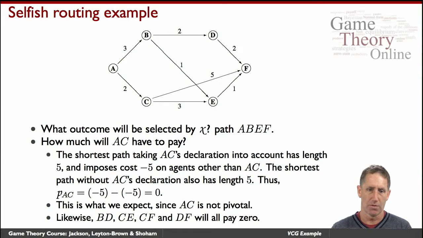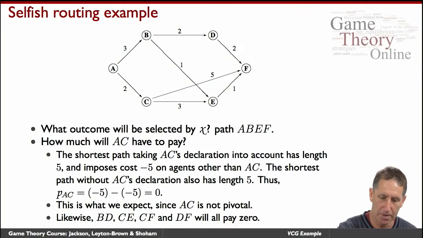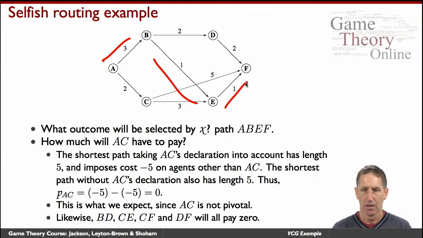So the shortest path, with AC's declaration of what their cost is, 5, right? And so the cost to all the agents is that shortest path, totaling 5. Had AC not been in the picture and not declared anything, what would the total cost to the agents have been?